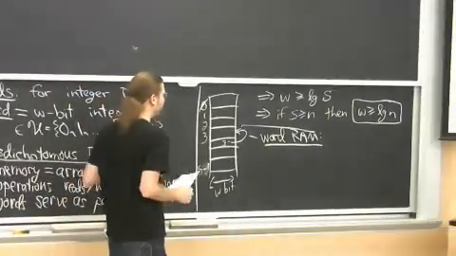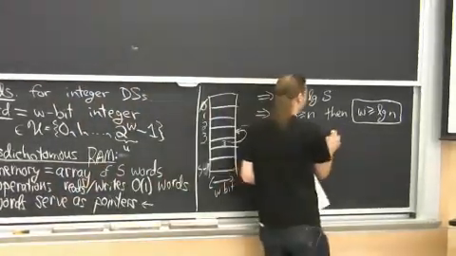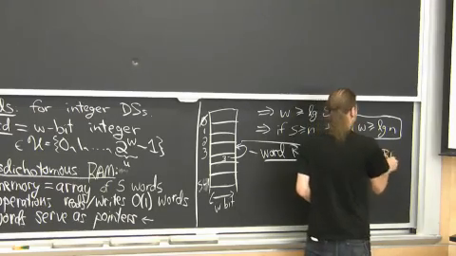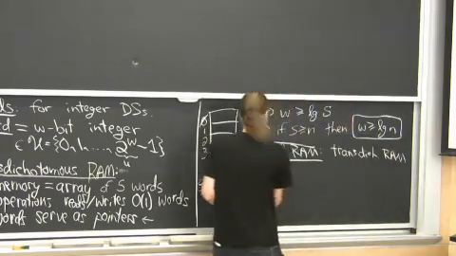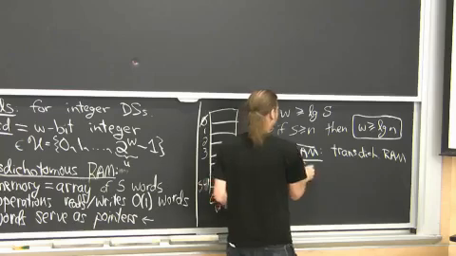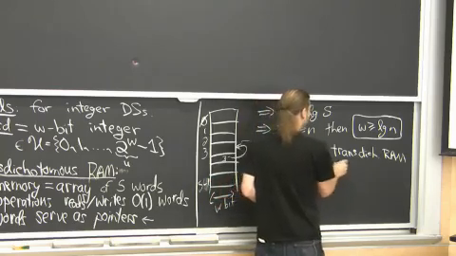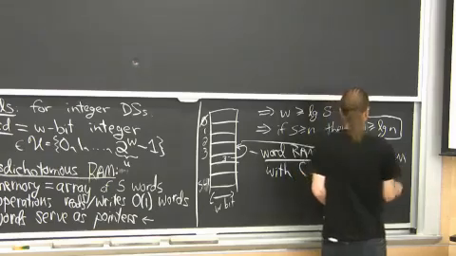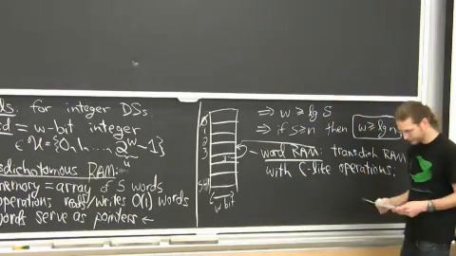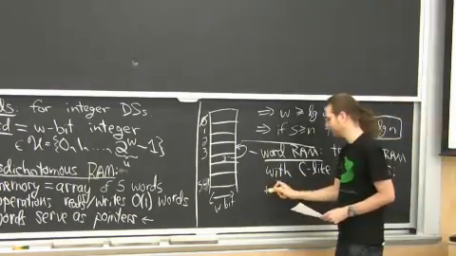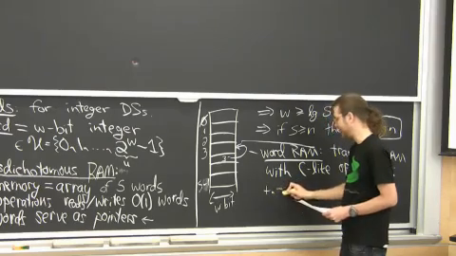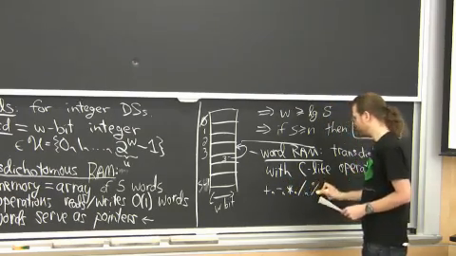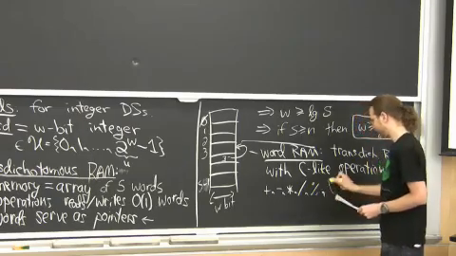And the word RAM is a specific version of the transdichotomous RAM, where you restrict the operations to C-like operations. These are sort of the standard. They are instructions on basically all computers, except that a few RISC architectures don't have multiplication and division, but everything else is on everything.